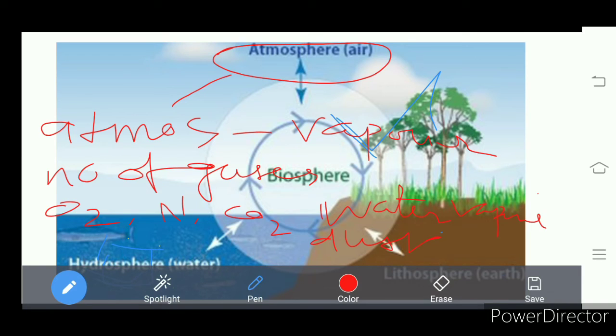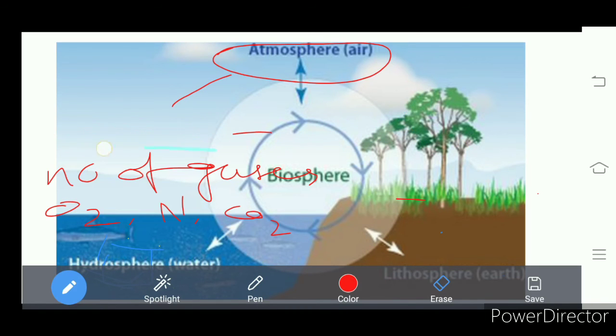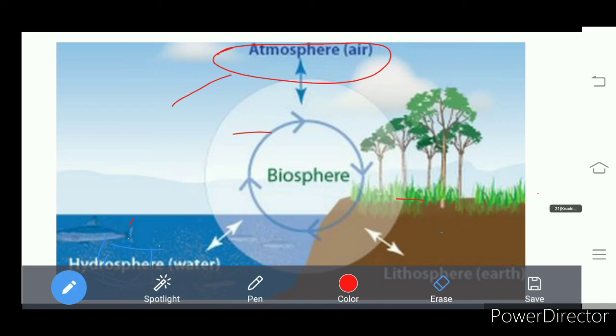All these are part of atmosphere. So what is atmosphere? It is a mixture of several gases, a large number of gases included in atmosphere. Understand? This is also another layer, that is, realm on the earth.